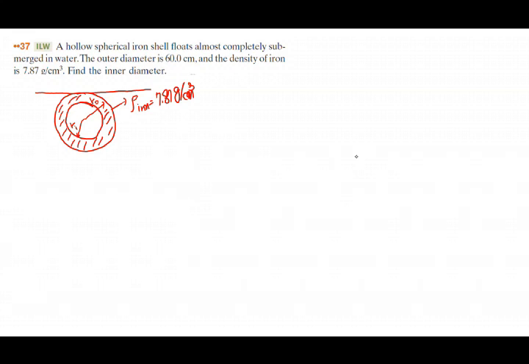And the submerged part of this total volume. Do you know the equation for the volume of a spherical shape, a sphere? 4/3 pi r cubed. Yes. So the volume submerged in water should be the total volume of this hollow spherical iron shell, that is 4/3 pi r cubed.